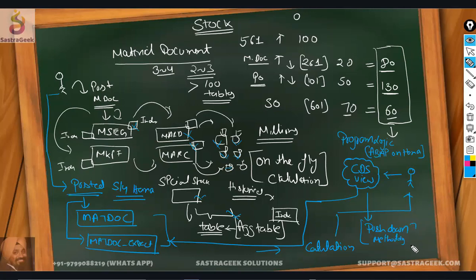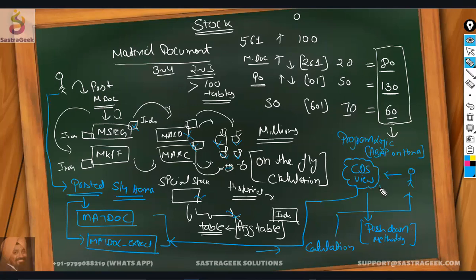People who have attended session number 1 will remember that when we moved from R2 2-tier architecture to 3-tier architecture, we reduced the load from the database by putting in an application layer, and now the calculation happens in the application layer. When we are moving to S4 HANA, we are still on the 3-tier architecture, but with this CDS view, what happens?